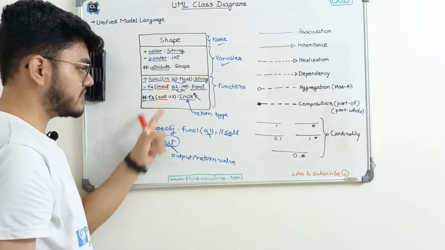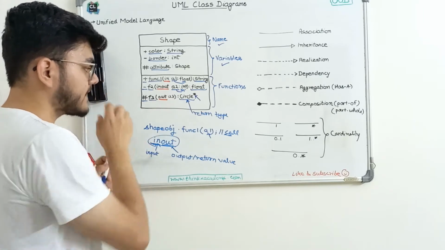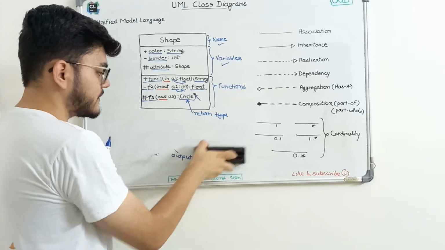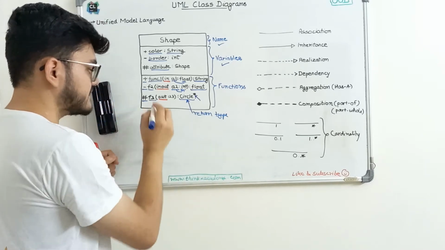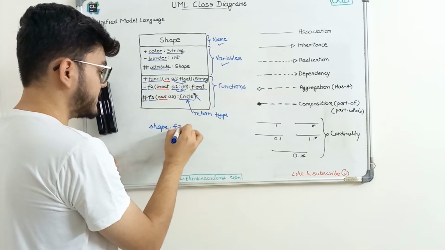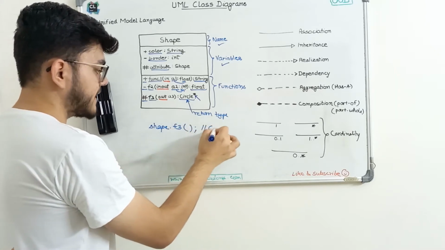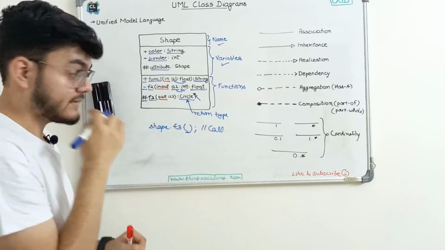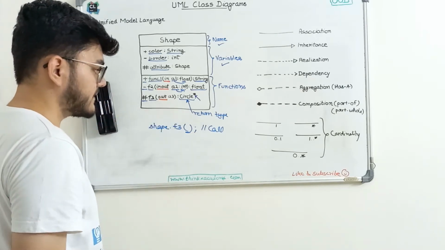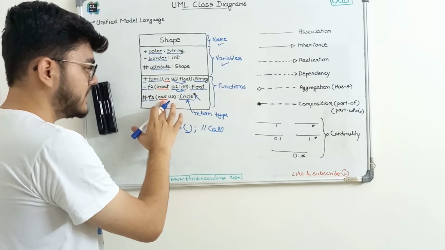Let's start with the last one, which is out. Out means that we are not passing any object to this function. So I'm going to remove this call, and let's consider this call, which is the f3 function. Again, I will use the object of Shape class dot f3. Now you can see at the time of function call, I am not passing any arguments, so in is not there. Out means that this function is going to give an output.